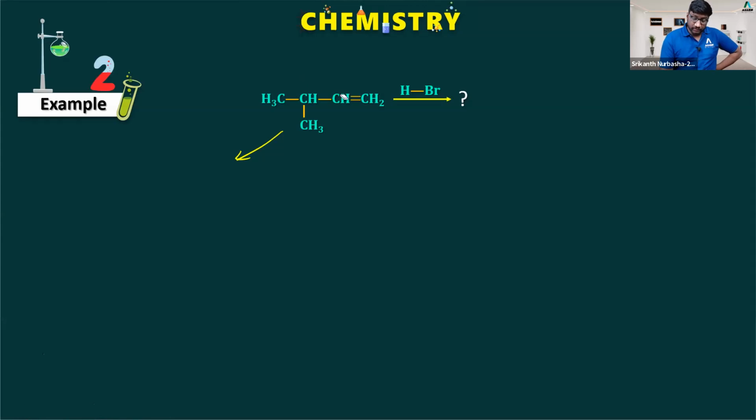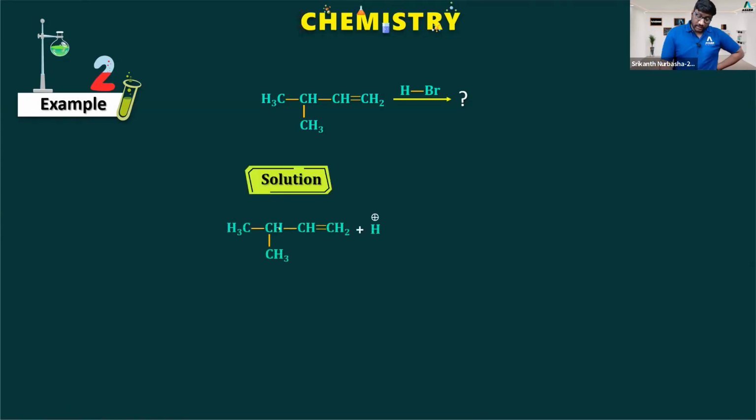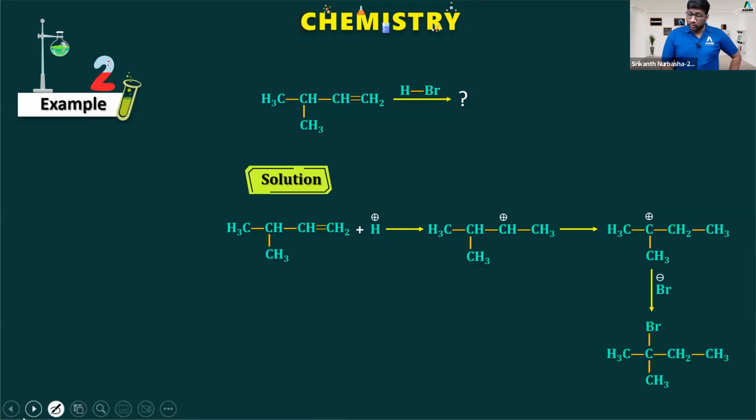Got it? CH3, CH, CH double bond CH2, H plus, the pi electron attacks, generating a 2-degree carbocation. Now a hydride shift occurs, generating a 3-degree carbocation, Br minus attacks. So 2-bromo-2-methyl-butane will be the right answer.